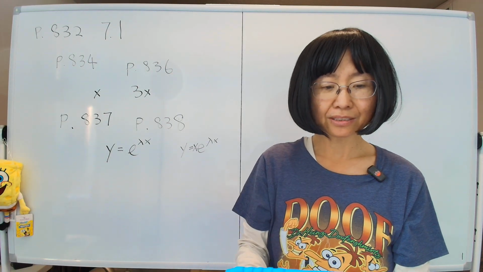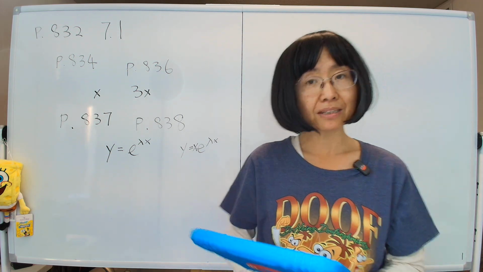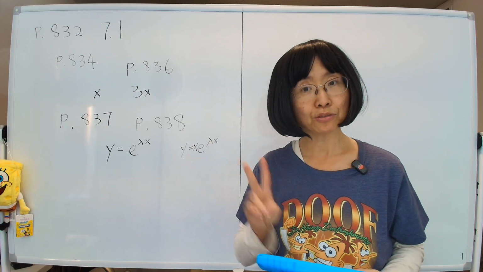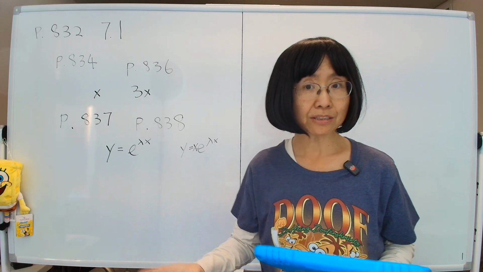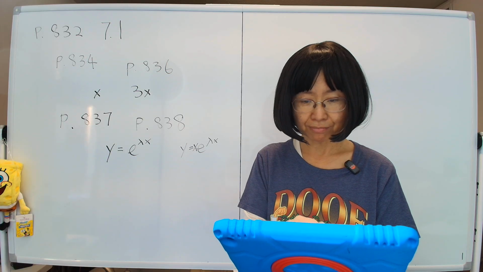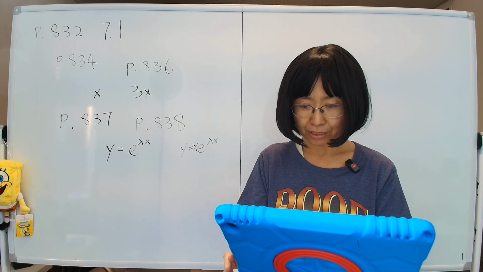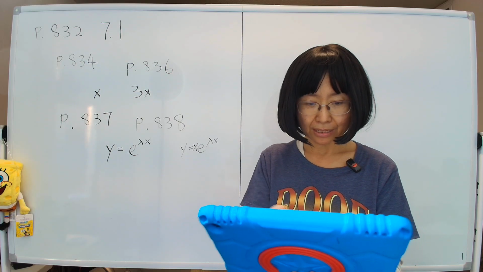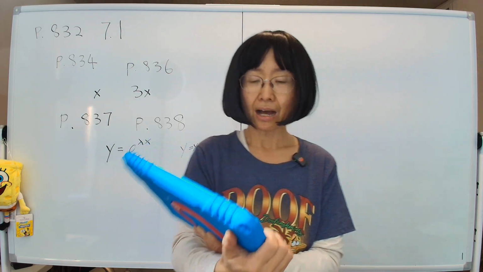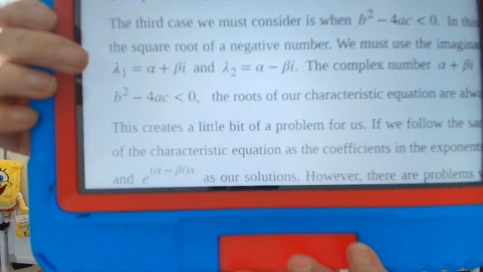So next, let's look at the complex conjugate roots. There is a third possibility, of course: what if the quadratic equation has two imaginary roots? Then we are going to write it the same way. Let's say the answer is two imaginary numbers.